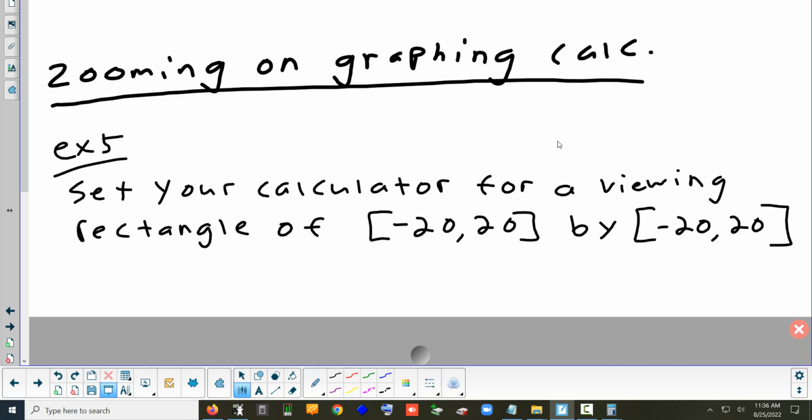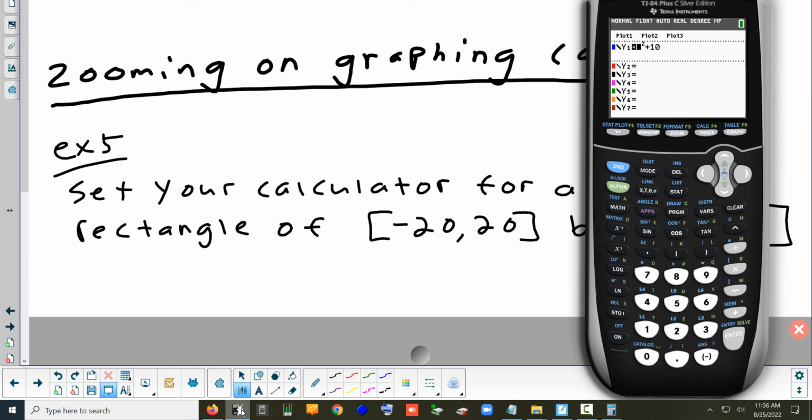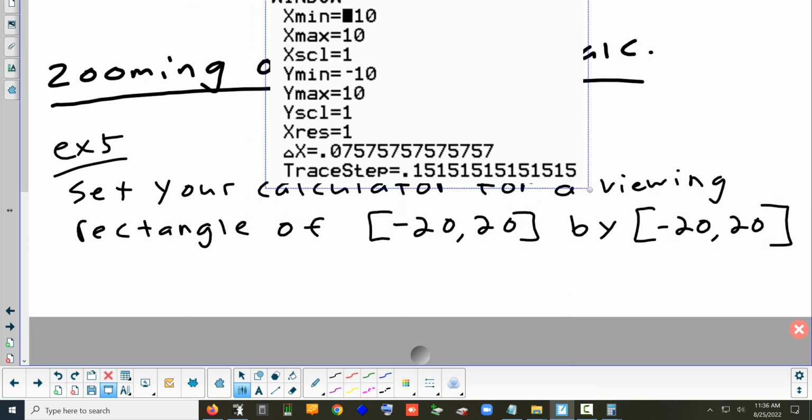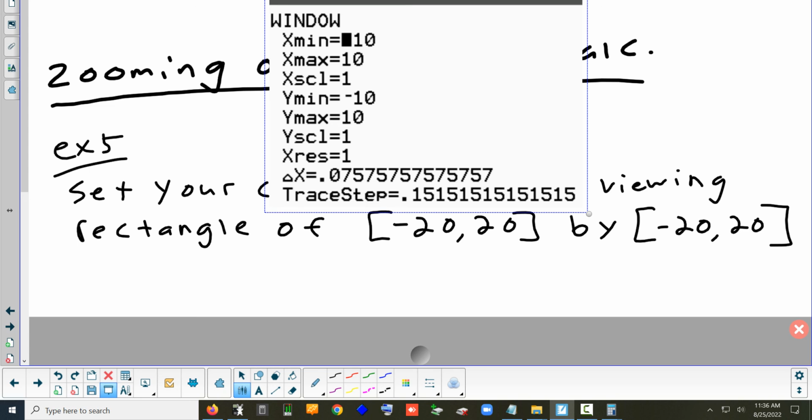You're being given 4 values. If you go to window, the 4 values that you have here, -20, 20, -20, and 20, are these 2 numbers and those 2 numbers. This is the lowest the x-axis will go.